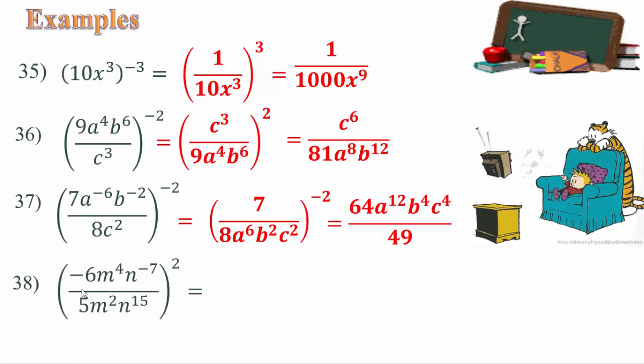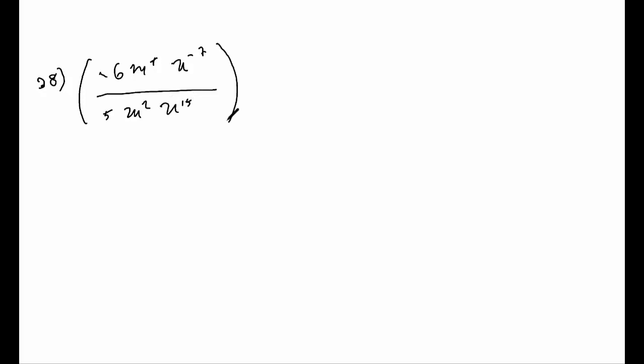In example number 38, we have this inside the bracket, and it's just 2 squared. So what I'm going to do is work this out on the whiteboard. In example number 38, we have negative 6m to the 4th, n to the negative 7 divided by 5, m squared, n to the 15th, all of this to the positive 2 power.